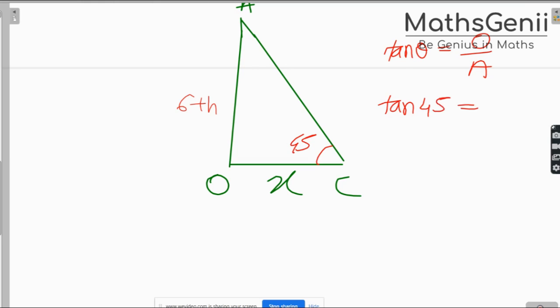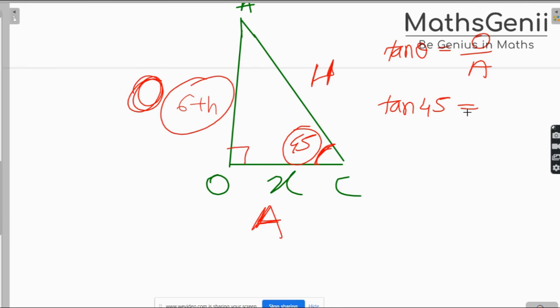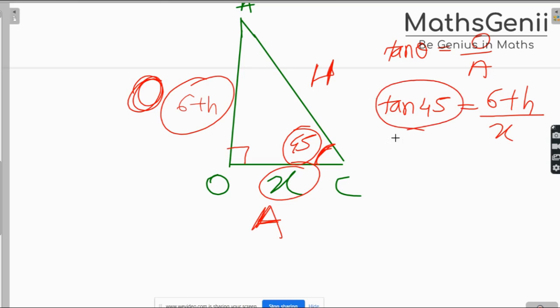Again you will have to find what is O, what is A. So the side opposite to theta is always O. The side opposite to 90 is always H, and the remaining side is A. So your O is 6 plus H. What is your A? A is X. Pause the video. Look at the trigonometry table. What is the value of tan 45? It is 1. So (6 plus H) upon X is equal to 1.